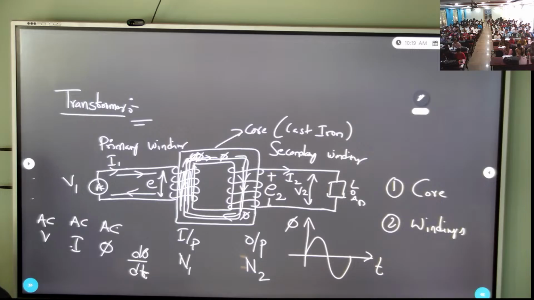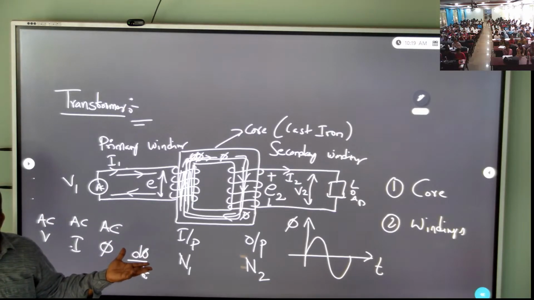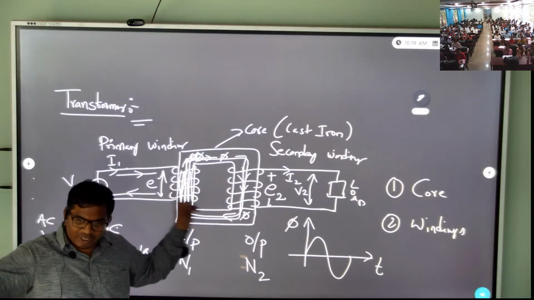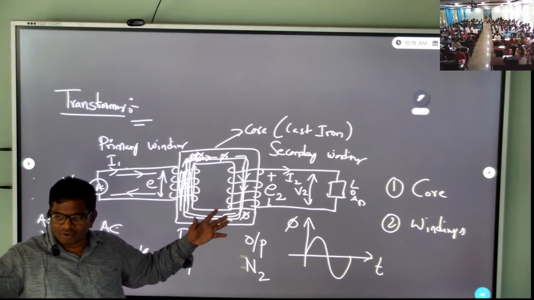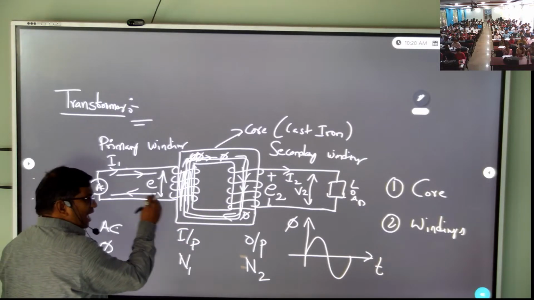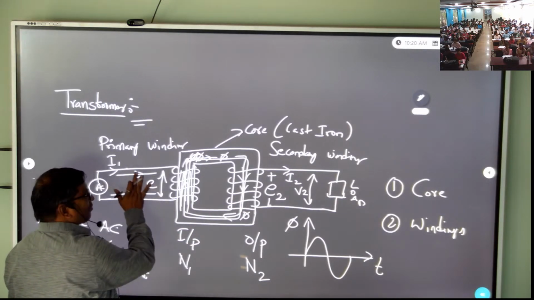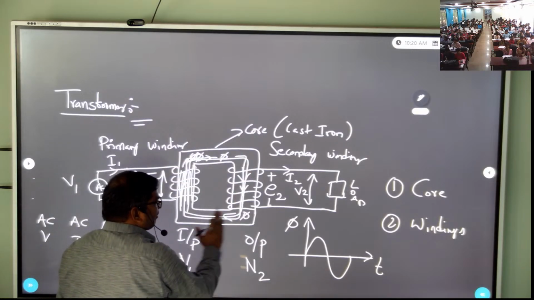What is the meaning of mutual induction? E2 is not directly induced, but because of E1, another circuit's voltage. What is the common thing in the secondary? Is E2 equal to E1? No. Is I1 equal to I2? No. The only common thing is the flux established by the primary winding going towards the secondary winding.